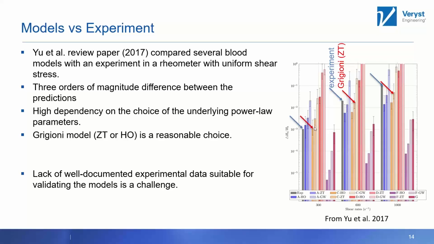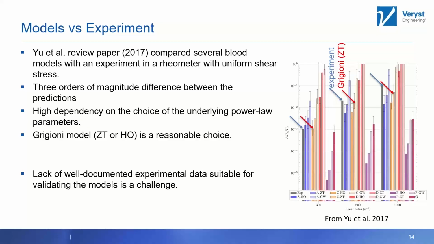One thing you can see is that different models are predicting different results, and there are even 10 orders of magnitude difference between the predictions of different models. And some models are predicting an index higher than 1, which cannot be true.